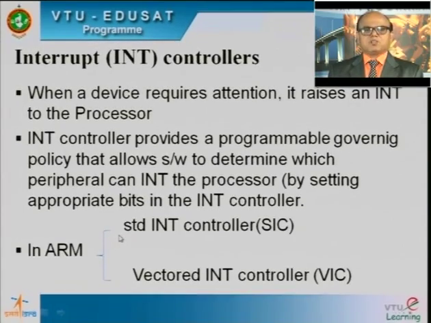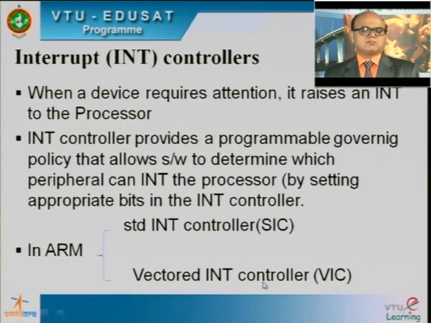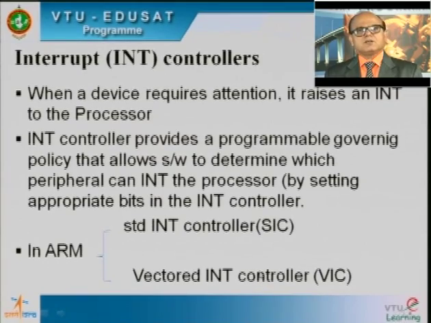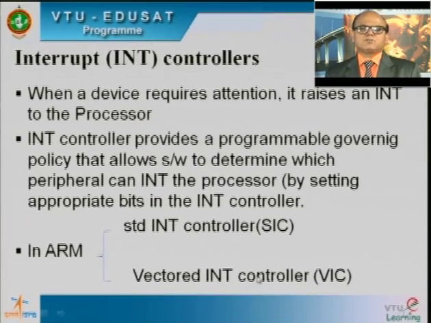Coming to the ARM processor, it supports two types of interrupt controllers. One is called the standard interrupt controller, and the next one is the vectored interrupt controller. Just to mention here, in the earlier sessions we discussed the vectored interrupts supported by the 8086 and x86 processors.